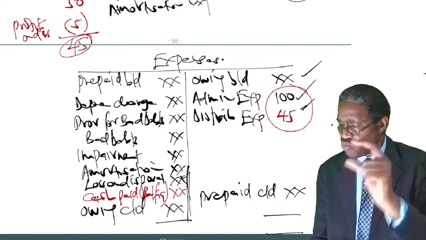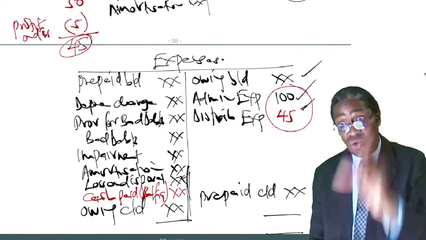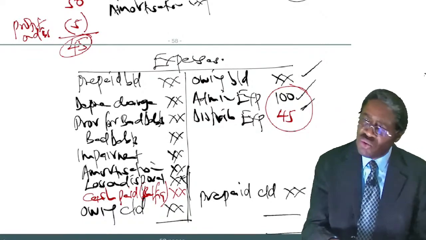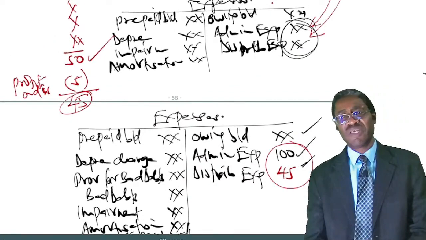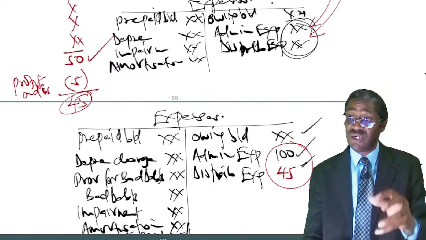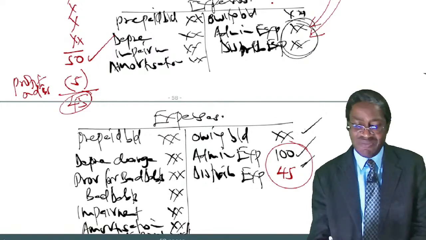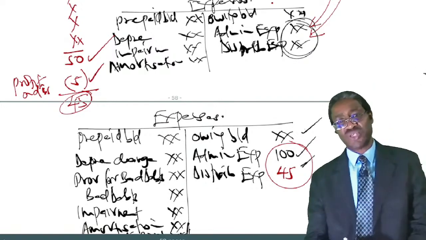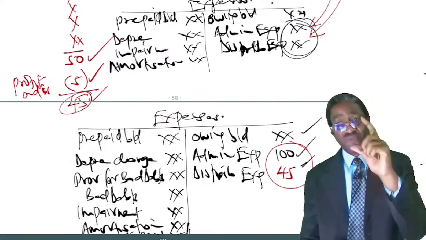Was that the true amount of the distribution expense? The answer is no. The true distribution expenses were how much? 50. But when we realize we made a gain of 5 and it relates to this category, then automatically you must have netted it against those expenses. Then you remained with a balance of 45.